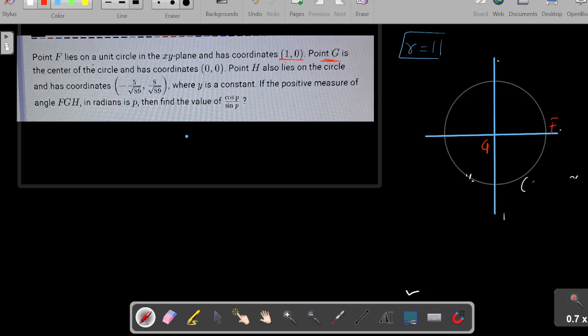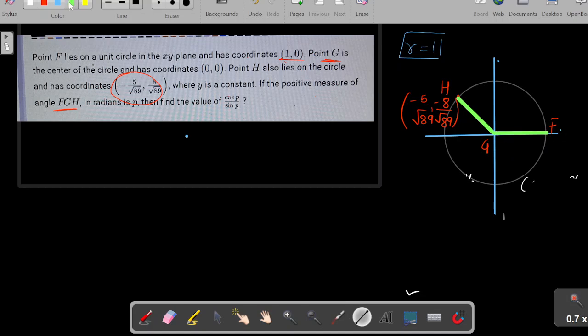Now, point H also lies on the circle, where y is a constant. We need to find the measure of angle FGH. If this is F, this is G, H is going to be somewhere here. So can I say H is this? The coordinates are negative 5 over root 89 and negative 8 over root 89. So basically we have to find this angle.